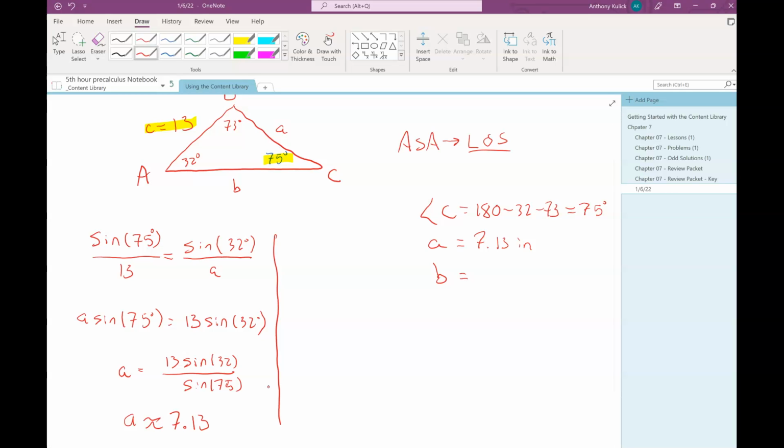Not too bad, right? How do I get side B? Can I use the Pythagorean Theorem? I know two sides. No. Why not? It's not a right triangle. What do I have to do instead?